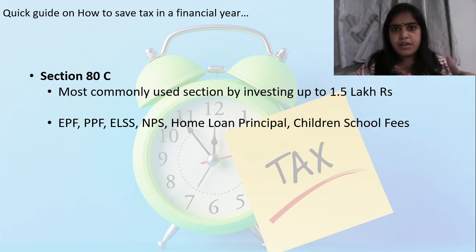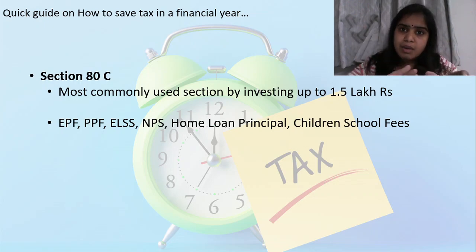Then home loan principal. If our age category is near 30-40, and we have already bought a home or are planning to buy a house, then whatever EMI we are paying, the principal of the EMI can be considered. EMI is a combination, an addition, of principal as well as interest.